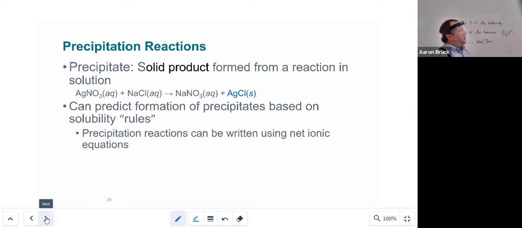So in this particular case, I've got silver nitrate reacting with sodium chloride to make sodium nitrate and silver chloride. If I were to take these two solutions and put them together, I would immediately see the formation of a white solid. That white solid being the silver chloride.